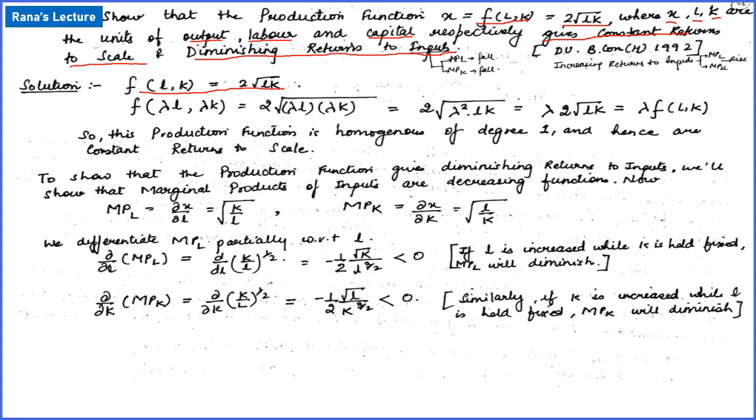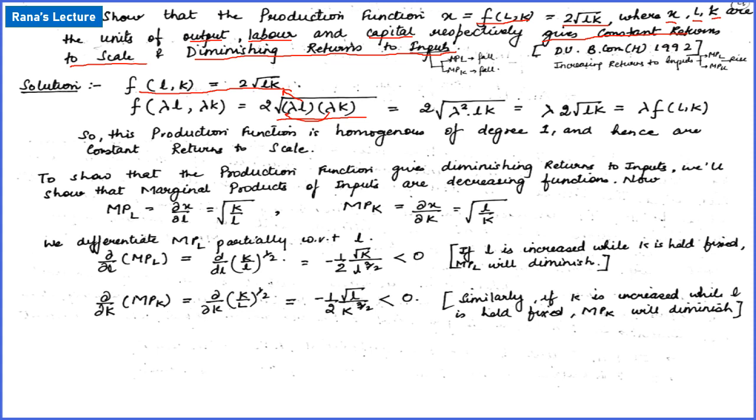So we multiply labor and capital by lambda. Lambda L, see over here in the function, lambda L into lambda K, right? This will be lambda times lambda, that becomes lambda square into LK, right?